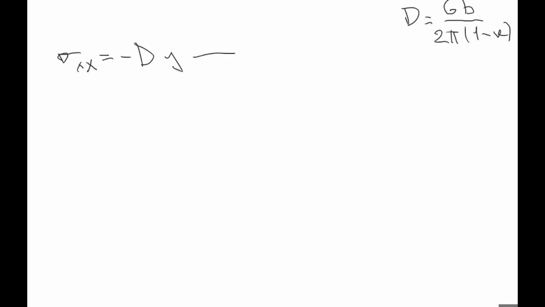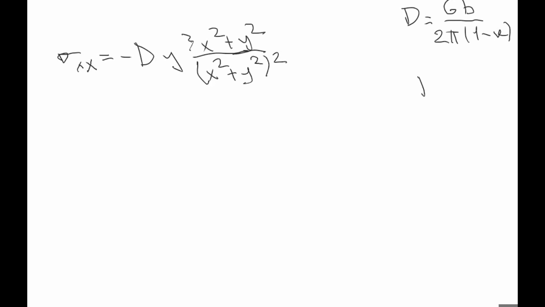All right, let me just write what I came up with. Sigma xx is equal to minus some constant, and this constant, I'm pretty sure it is just G b over 2 pi 1 minus Poisson's ratio, times minus d y, the coordinates, 3x squared plus y squared, over x squared plus y squared, squared.